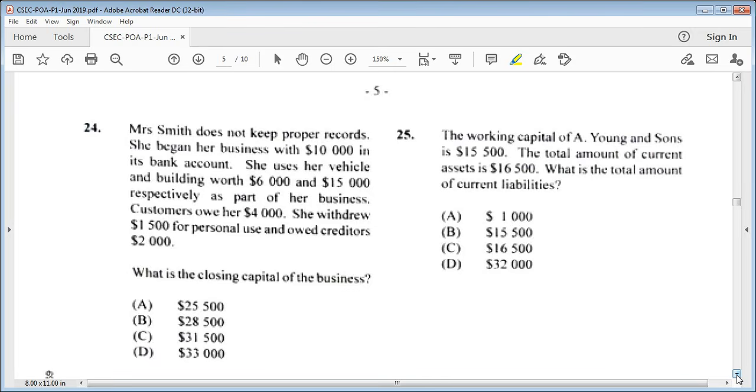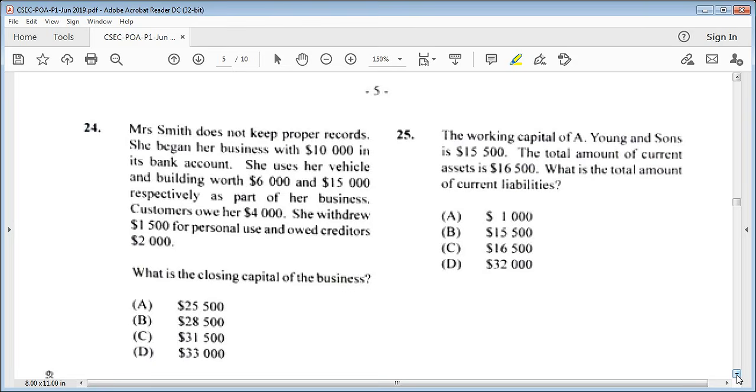Now we're going to have to list current liabilities. What's our current liabilities? Creditors. How much? $2,000. So when we less our current liabilities of $2,000 from our current asset debtors of $4,000, we get $2,000. And when we add our $2,000 to our fixed assets, which is $21,000, we get $23,000. Okay, so that is our working capital.